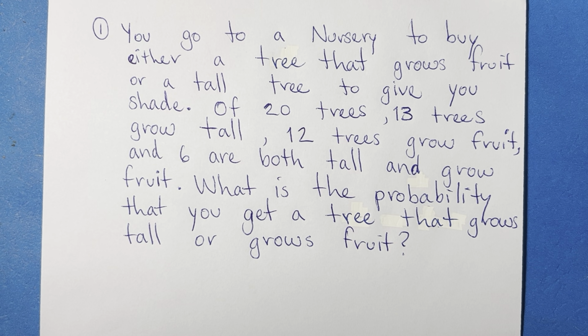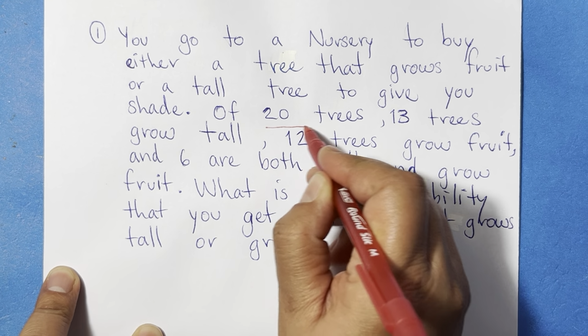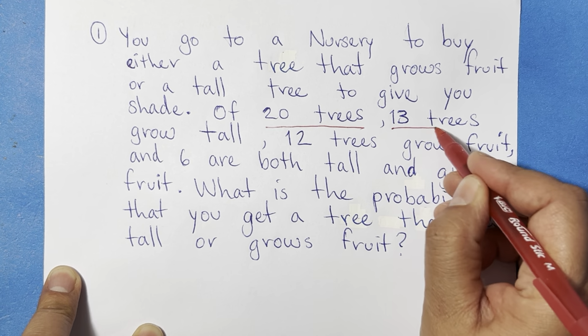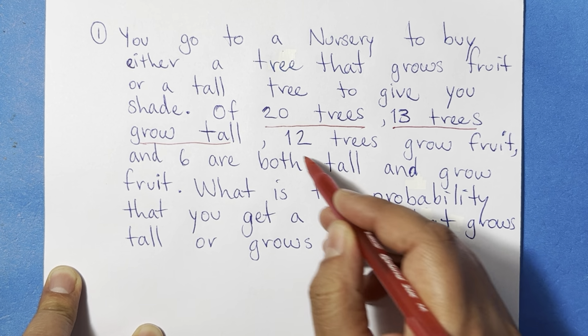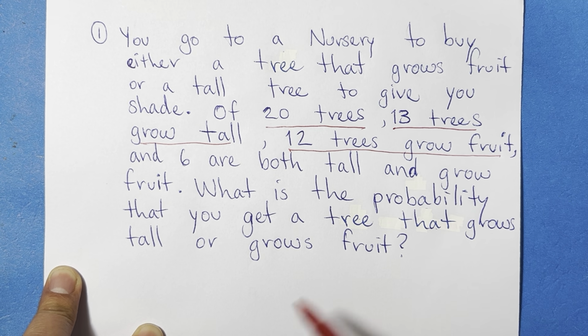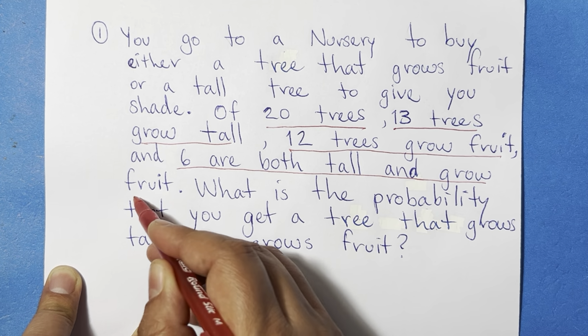So it says you go to a nursery to buy either a tree that grows fruit or a tall tree to give you shade. Of 20 trees, so we can start underlining information. Of 20 trees, 13 trees grow tall, 12 trees grow fruit, and 6 are both tall and grow fruit.